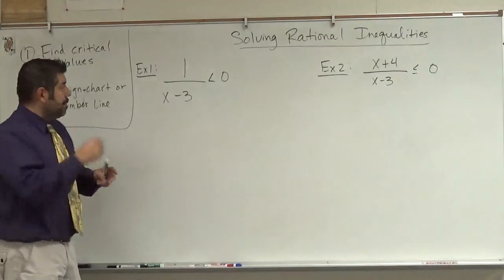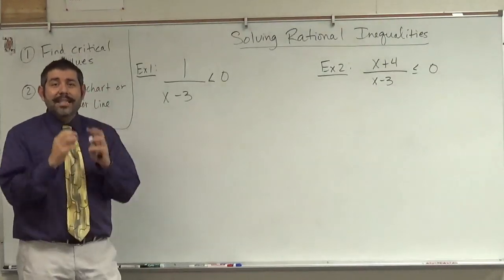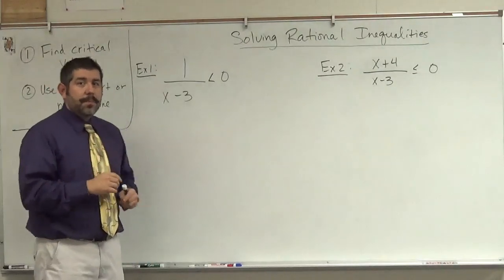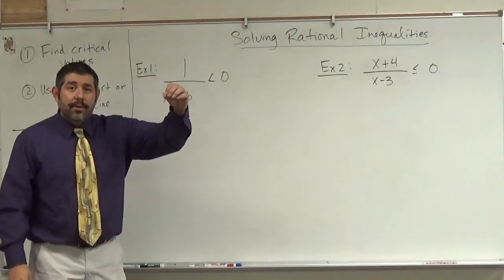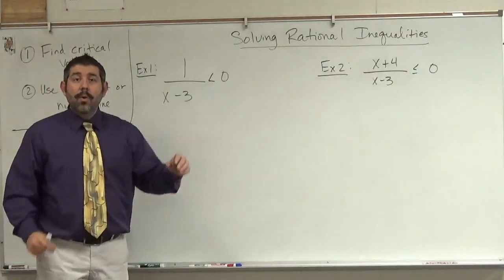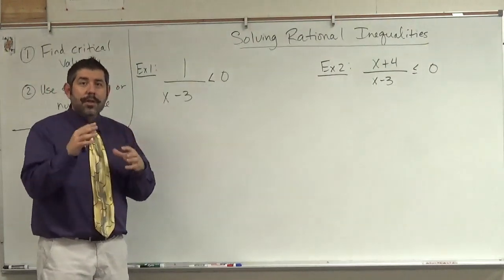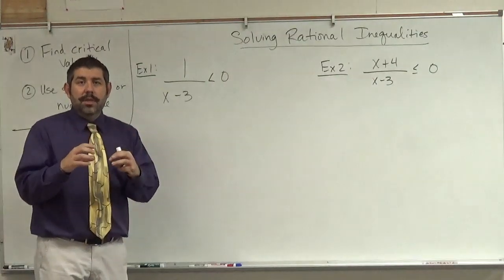So here's what we're going to do. The critical values for a rational inequality are all values that make the numerator equal to 0 or give you a vertical asymptote, basically making the denominator equal to 0.